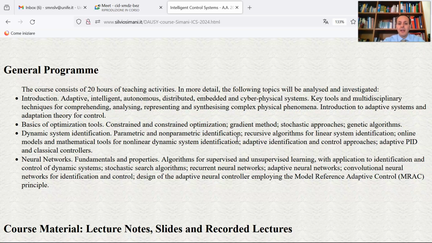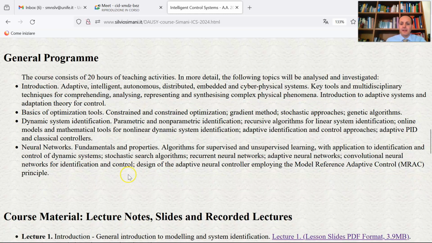Of course, we will start from the linear framework, and then we will move to the nonlinear area, especially when we analyze neural networks, which represent a main tool for really designing an intelligent control system.